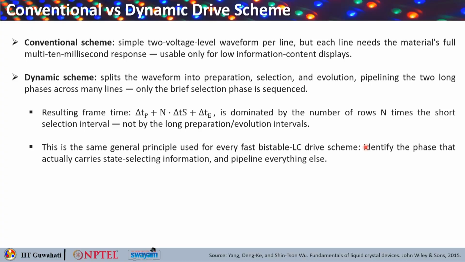However, in the case of the dynamic scheme, we have seen that it splits the waveform into preparation, selection and evolution, and pipelines the 2 long phases across many lines.